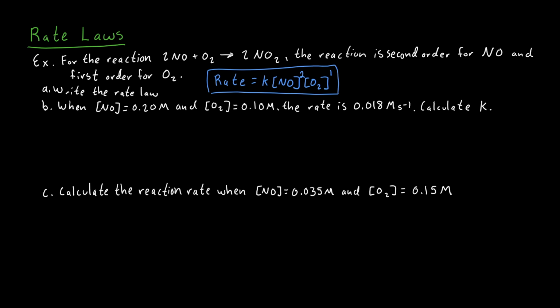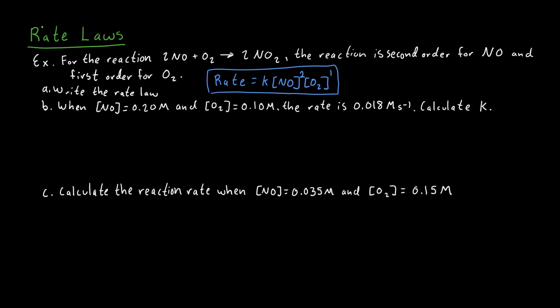In part B, when the concentration of NO equals 0.2 molar and the concentration of O2 equals 0.1 molar, the rate is 0.018 molar per second. Calculate K. So here we want to use our rate law and plug in what we already know.